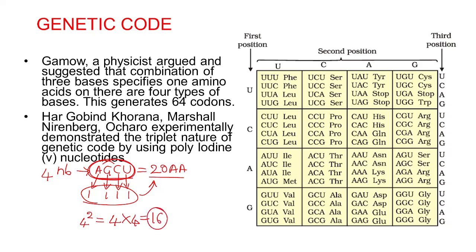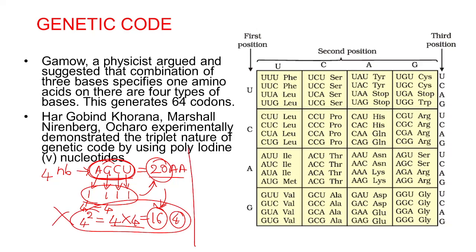In combination of 1, 4 raised to 1, only 4 codons can be produced. But in the case of combination of 2, 16 codons can be produced. But here again the amino acids cannot all be coded, because out of 20, 16 can be coded, but another 4 will be left. So that is why genetic code cannot be doublet also.